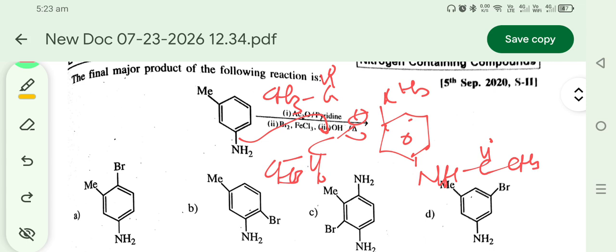It is a ring activating group. With Br2 and FeCl3, it is a bromination reaction, an electrophilic substitution. The para position of the nitrogen is substituted by bromine. Hence, the product has bromine substituted adjacent to the methyl group. Option A.